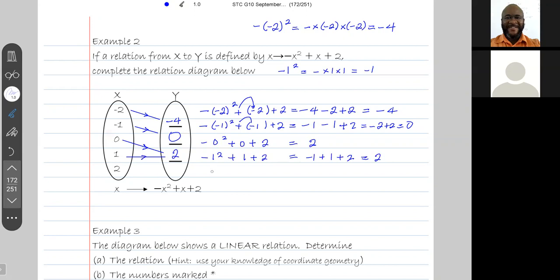Let's see what 2 is mapped to. It's minus 2 squared plus 2 plus 2. This is -4 plus 2 plus 2. This is 0. So 2 is mapped to 0.